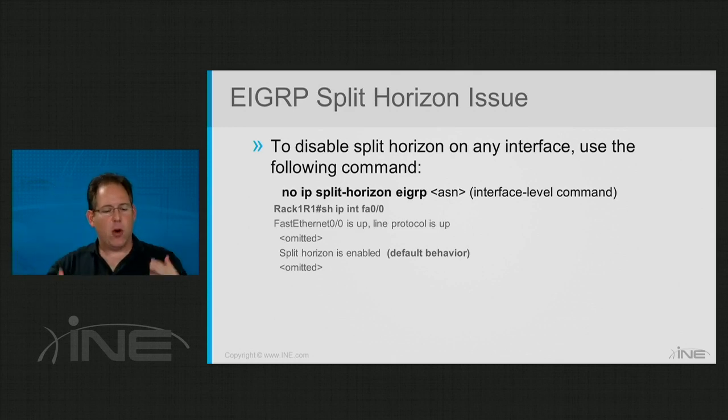Well, if you type no ip split-horizon and enter, and it does let you do that, that has no effect on EIGRP. That's for RIP, if you want to turn off split horizon for RIP. But if you want to turn off split horizon for EIGRP, you have to add the EIGRP keyword and the autonomous system number. So just make note that there are two ways of disabling split horizon on an interface, but they act on different protocols.